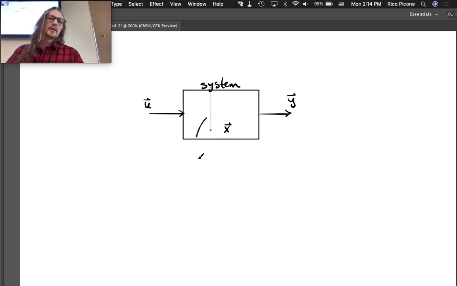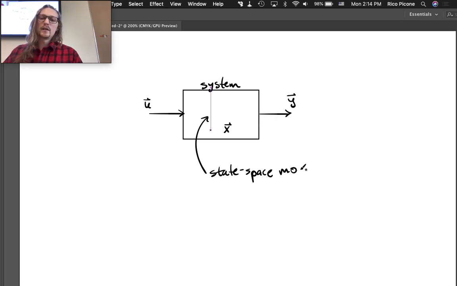So the models can be modeling what's in there. You can have like a state space model, which is the sort of mother of all models. And a linear version, which most of our state space models will be linear in this class, is dx dt. So what is x again?